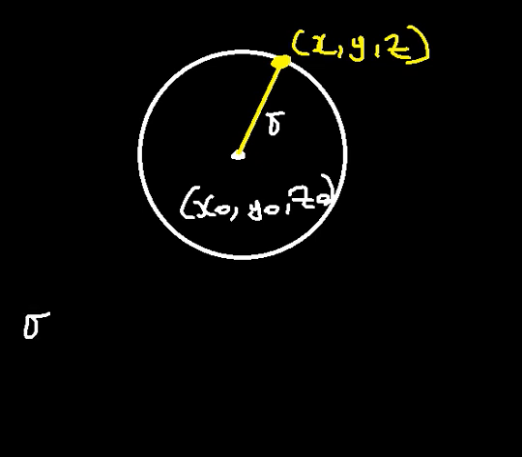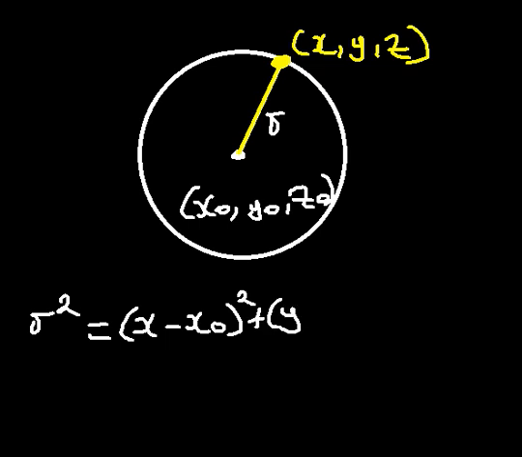Which means we'll have the radius squared. So r squared is equal to x minus x naught squared, plus y minus y naught squared, plus z minus z naught squared.